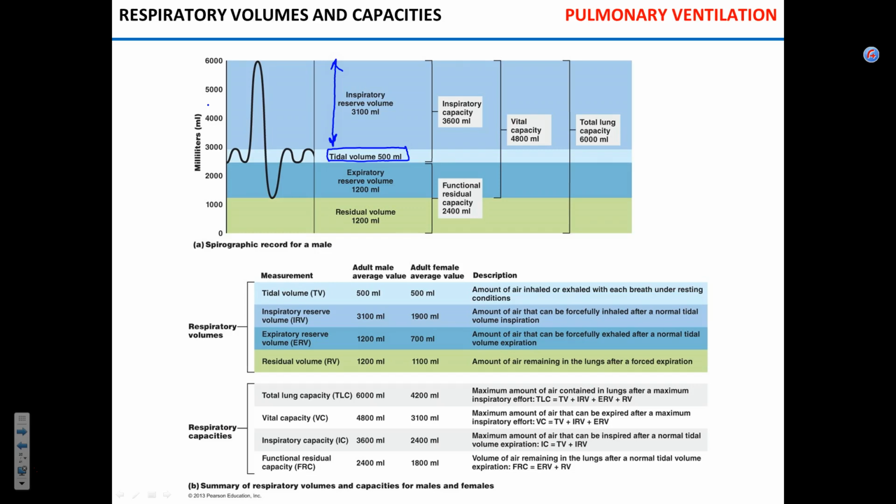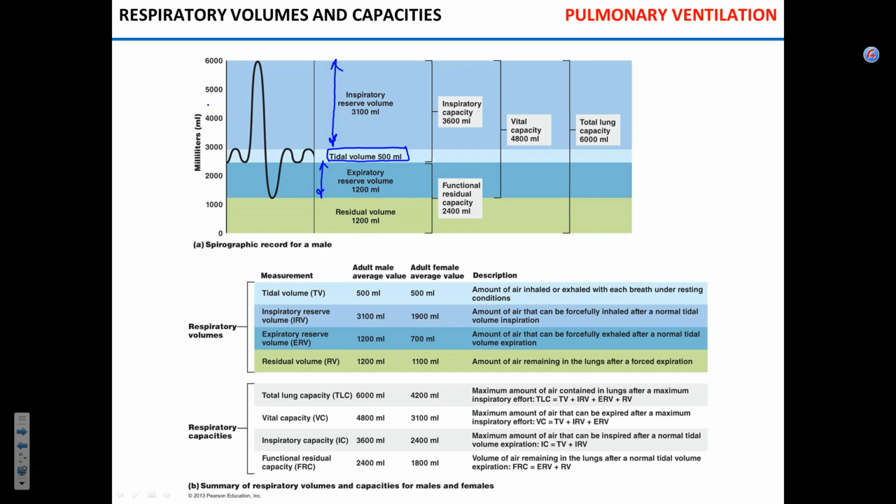How much more air you can get on top of your normal tidal inhalation. Now, if I ask you, you're breathing normally, can you exhale even after your normal breath? Yeah. So that amount of air that you can get out of your lungs after normal tidal exhalation is called expiratory reserve volume. Does that make sense?